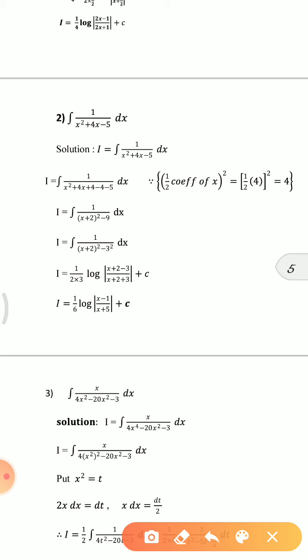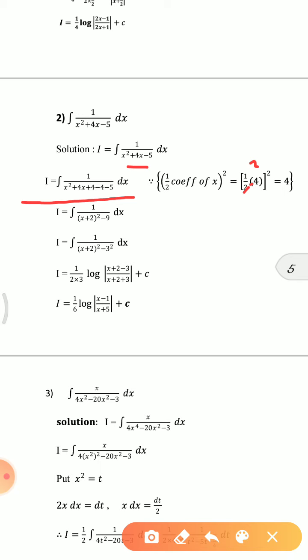Integration of 1 upon x square plus 4x minus 5 here. We take the middle term, that is half into the coefficient of x, the whole square. The coefficient of x is 4, so half into 4 is 2, the whole square. 2 square is 4, so we have to adjust the term by adding and subtracting 4.